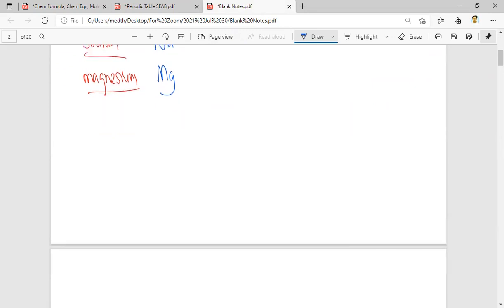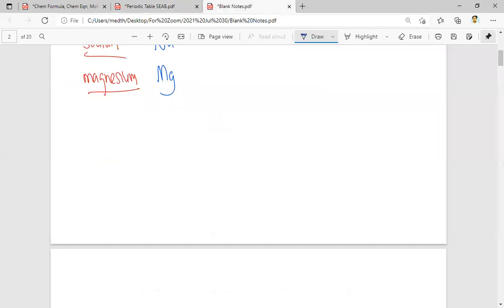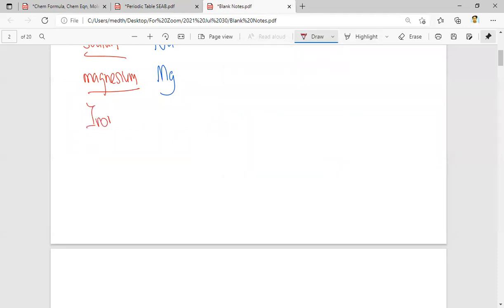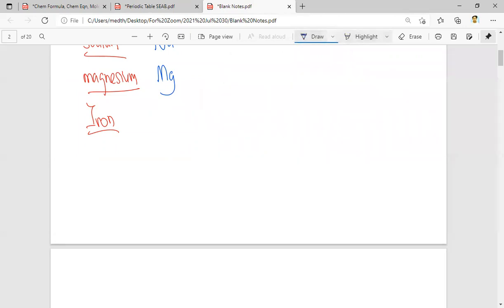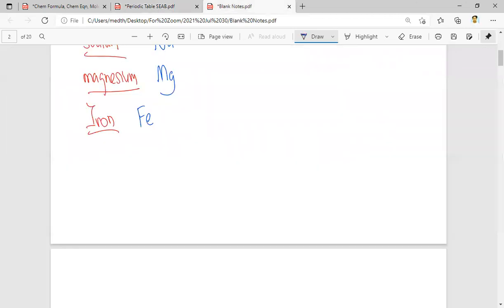Another example would be, what's the chemical formula for iron? Sorry, wrong color again. Let me make sure my color scheme is the correct one. So I want to find the chemical formula for iron. Iron is an element on its own, not bonded to any other thing. Therefore, the chemical formula will just be Fe. Why? Because it's just the chemical symbol, Fe.